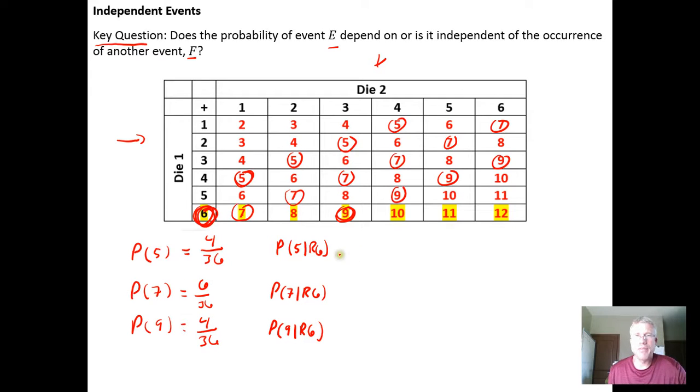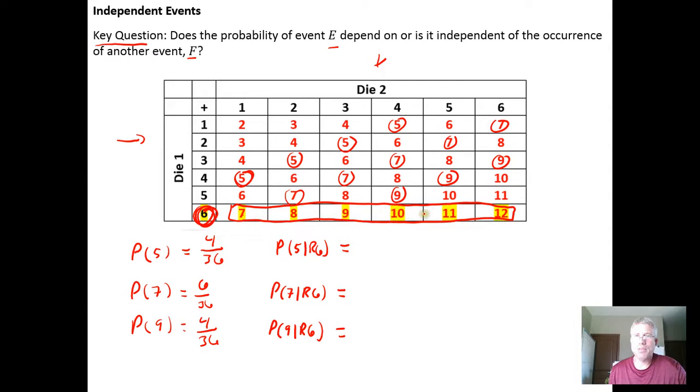To get these probabilities, we realized that because we had already rolled a 6, everything that could happen is happening in this row in the summation table. So we have a reduced sample space, and we ask, what's the probability that we get a 5?